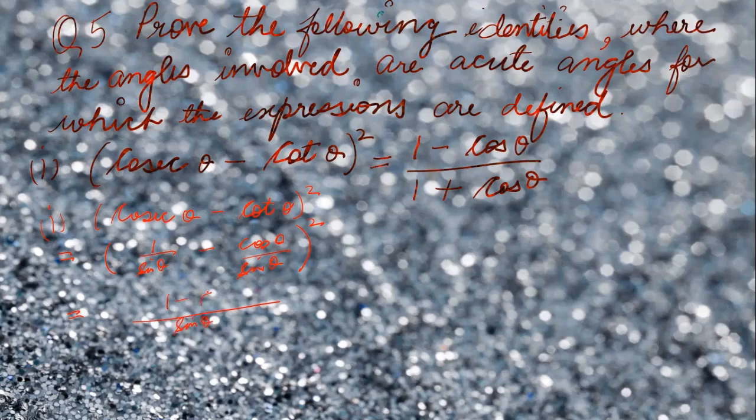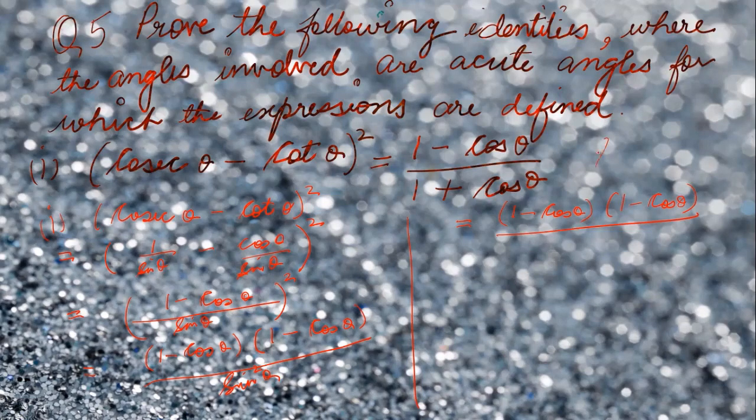You can write (1 minus cos theta) whole square, or you can write it like this, (1 minus cos theta) and (1 minus cos theta), and here you can write sine square theta.